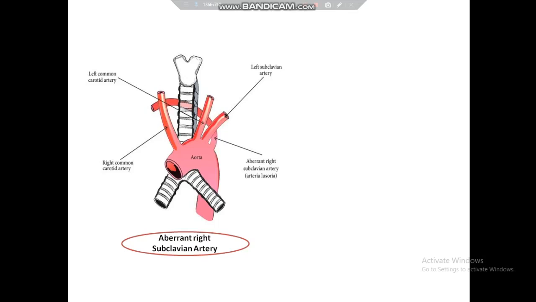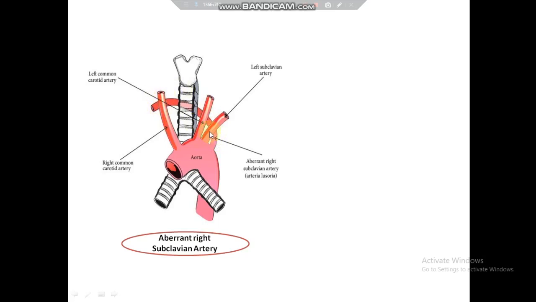Now, there can be some aberrant origin of some vessels. Aberrant means a sort of deviation from its normal origin. We know that the subclavian artery normally arises from the brachiocephalic trunk, but in this condition it may arise from the arch of the aorta just beyond the left subclavian artery. Now it has to pass to the right side.